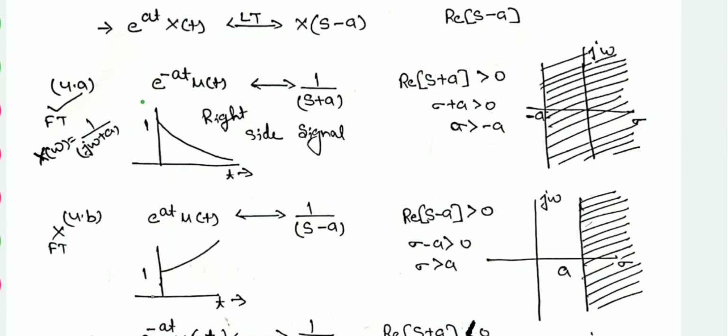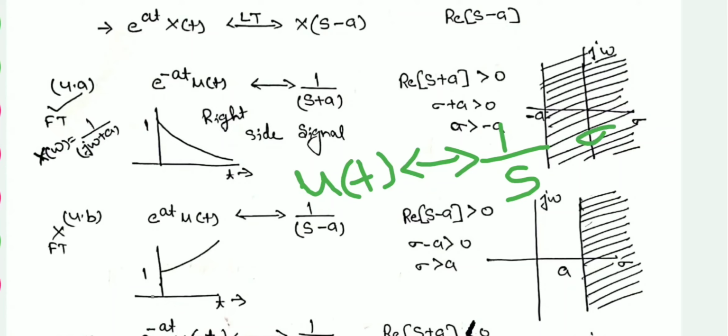Okay, we consider a question based on this. First, the Laplace transform of e to the power minus at times u(t). As we know, the Laplace transform of u(t) is nothing but 1 upon s and the ROC is sigma greater than 0. Okay, then when we multiply by e to the power minus at, as we know from the previous property, s is replaced with s plus a.